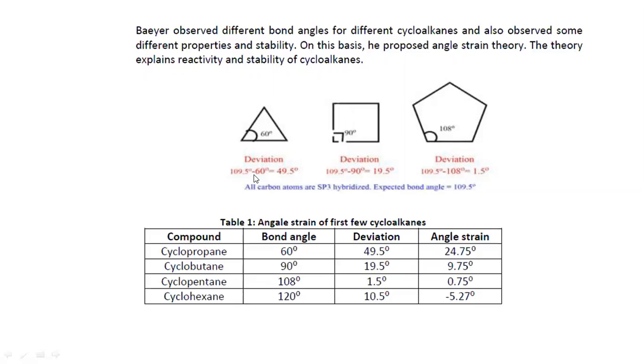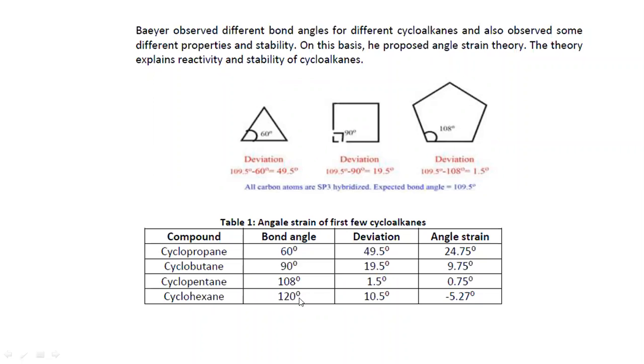We subtract the values: 109.5 minus 60 gives a deviation of 49.5 degrees. We observe different bond angles for different cycloalkanes, with different properties and stability. On this basis, he proposed the angle strain theory, which explains the reactivity and stability of cycloalkanes.